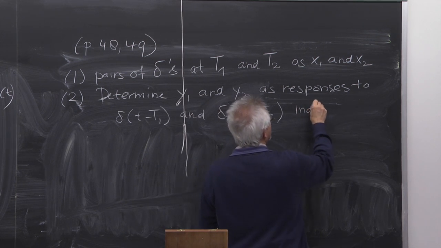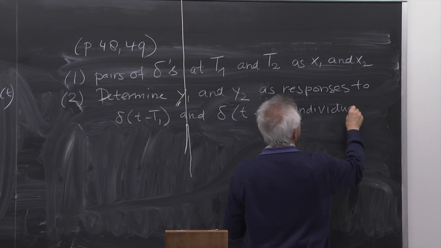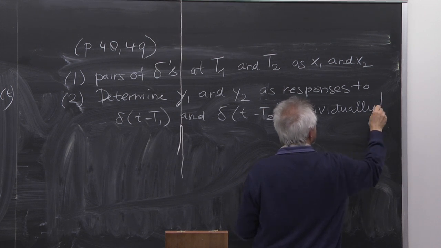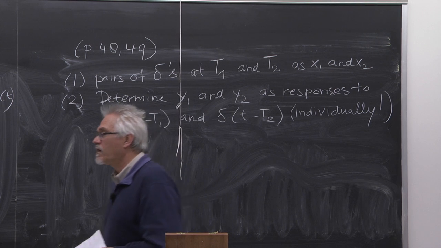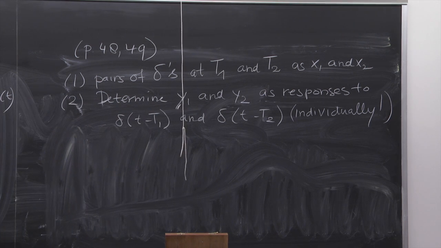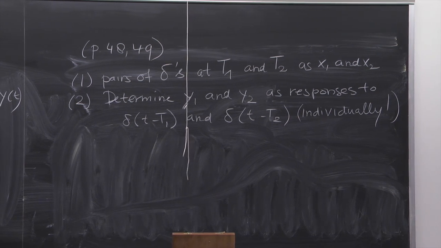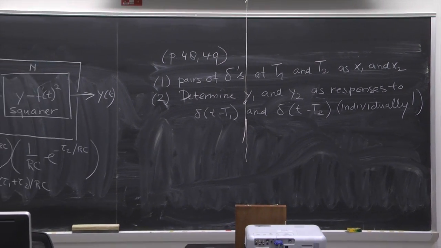But in step 2, we will do that individually. So now we know the response to a delta function at time 1 and to a delta function at time 2.